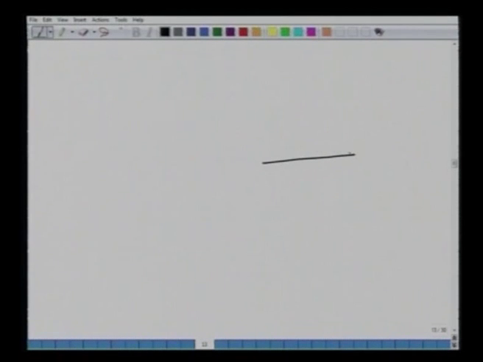So we can draw them once again. This is V1, and then we have V2, V3, V4, V5, V6.